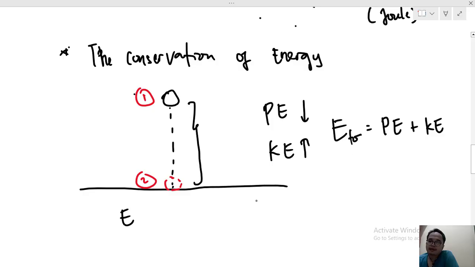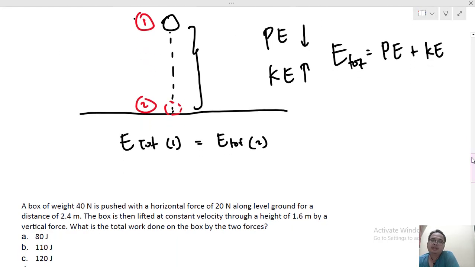So the conservation of energy means that total energy at every point will be constant. Total energy at point 1 equals total energy at point 2. At the top and the bottom they have the same total energy.